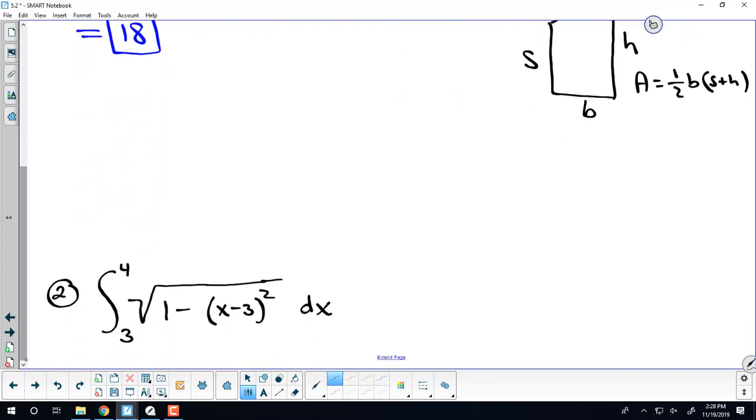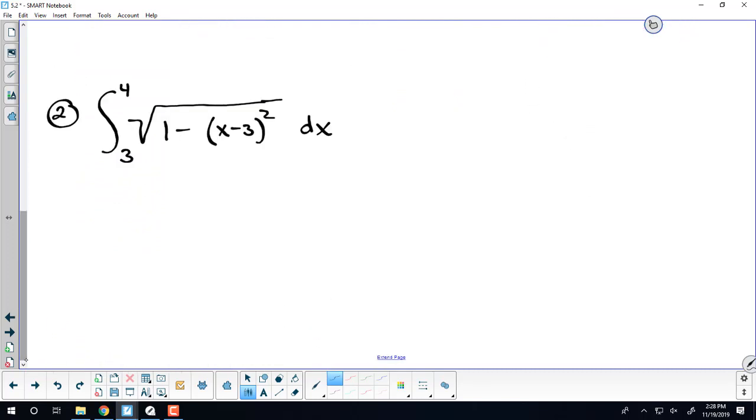Okay, so the next one here. Integral from 3 to 4. So the function is the square root of 1 minus (x minus 3) squared. We first need to figure out what this function is.